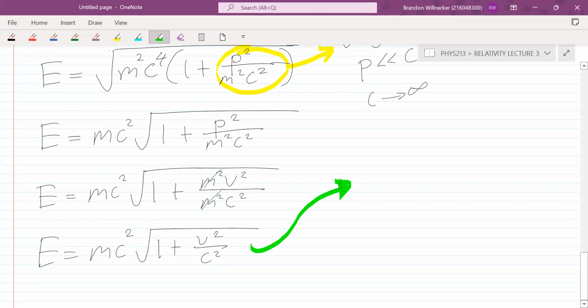Little tangent. Notice this factor here, square root of 1 plus v squared over c squared. Maybe I'll put this as another little homework problem.